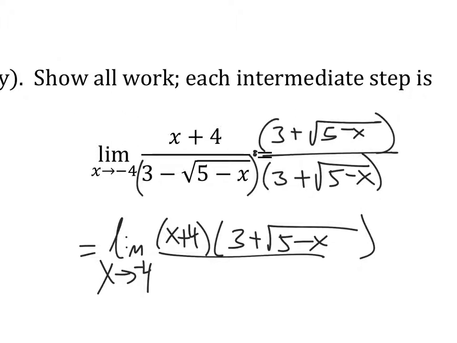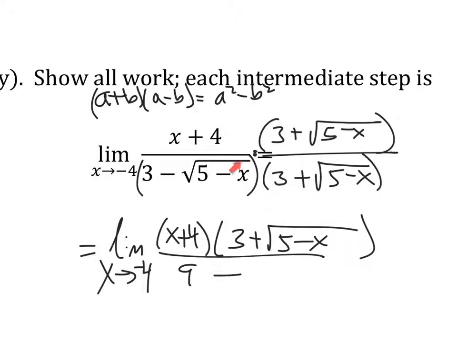When we distribute this, we want to remember that a plus b times a minus b is equal to a squared minus b squared. And so here's a minus b, here's a plus b. So when we multiply this out, we're going to get the first thing squared. 3 squared is 9 minus the second thing squared.